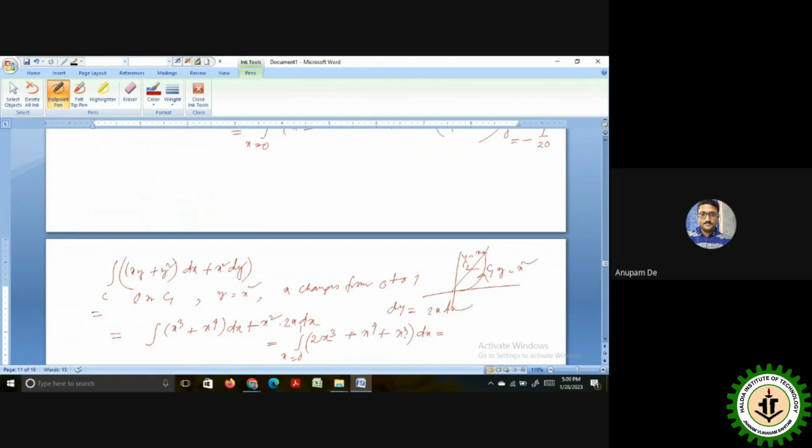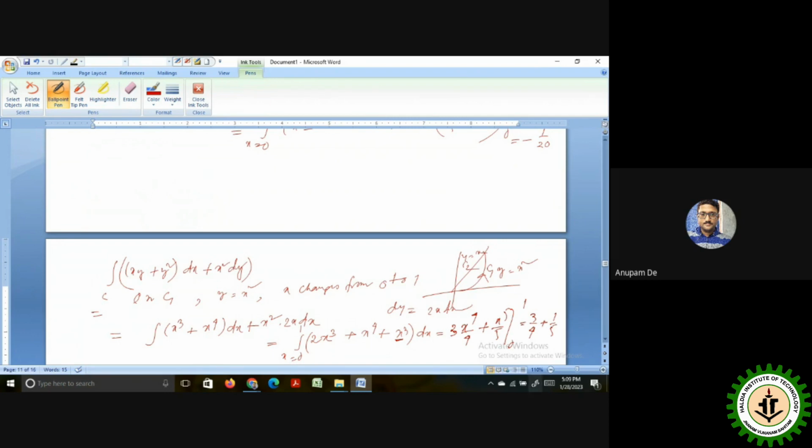So 2 and 1, 3, thrice x cube. So it will be thrice x to the power 4 by 4 plus x to the 5 by 5, limits 0 to 1. This will be 3 by 4 plus 1 by 5.